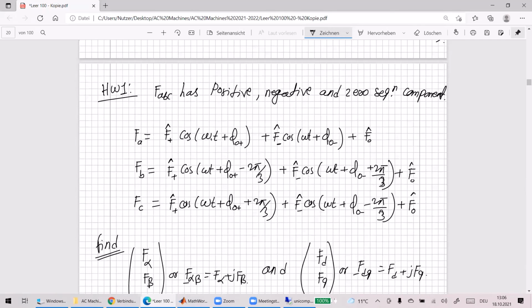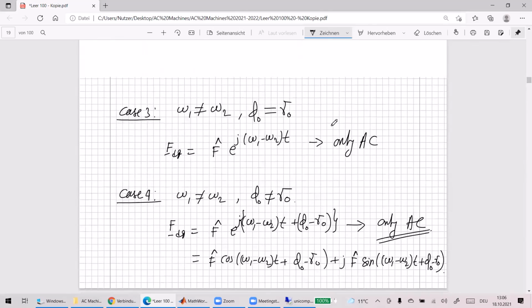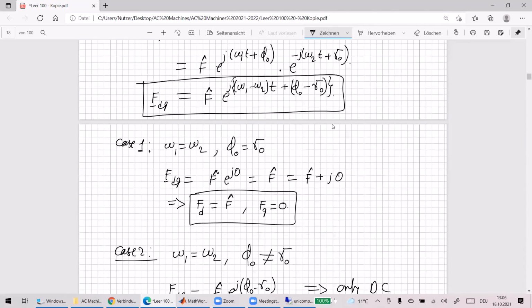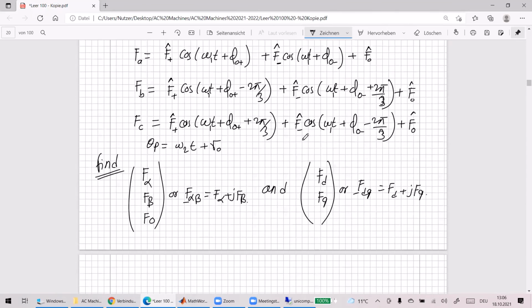So I can write here omega 1, and your theta p is omega 2 t plus gamma naught. It's the same, right?